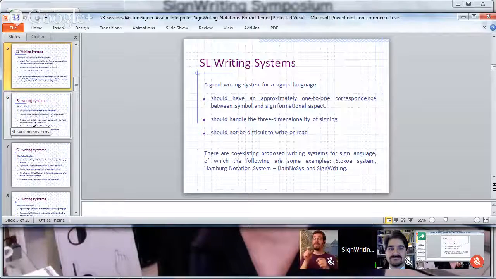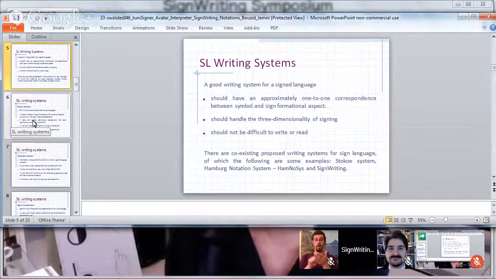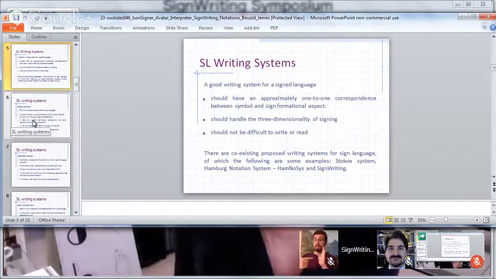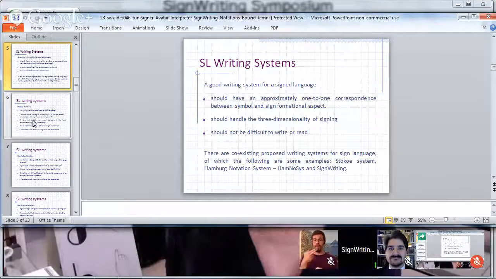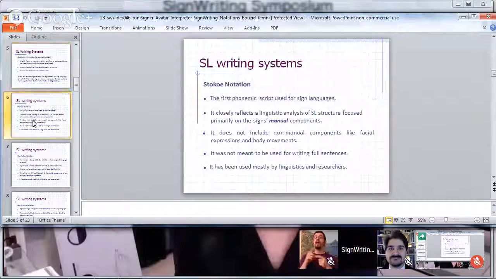There are coexisting proposed writing systems for sign language, of which the following are some examples. Stokoe System, Hamburg Notation System, HamNoSys, and SignWriting. Next slide, please.